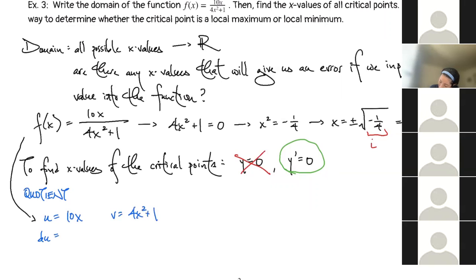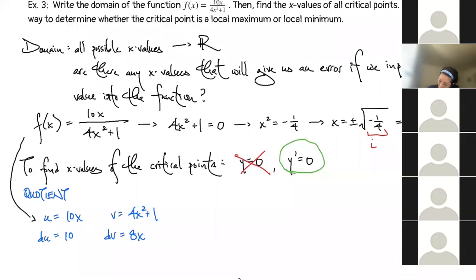Real quick, someone give me what du is. And maybe someone else tell me what dv is. Yeah, I agree, du is 10. Anybody else have an idea for dv, or the derivative of 4x squared plus 1? What do we got for that? Eight x, good.